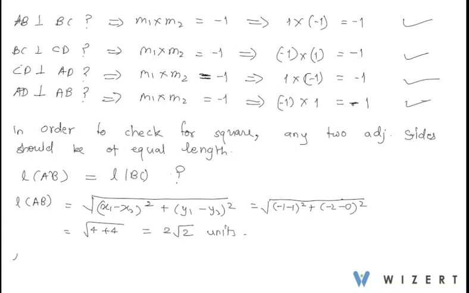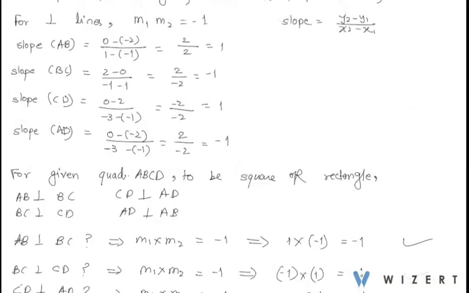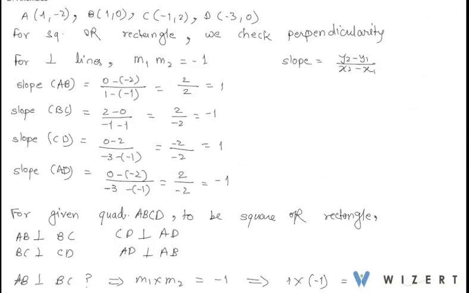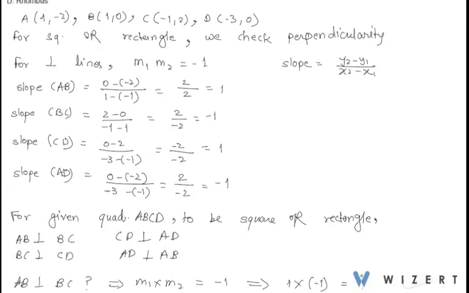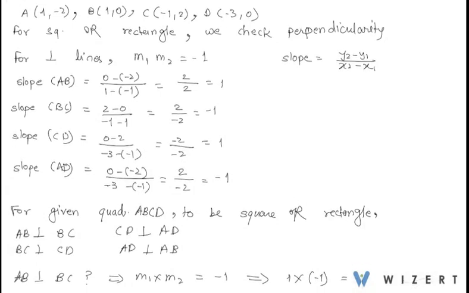Let's check for the length of BC. For that also we have the same distance formula. Let's put the values of x1 x2 and y1 y2 here. For BC, x1 x2 are 1 and -1, and y1 y2 are 0 and 2.